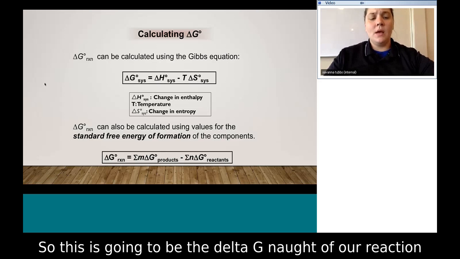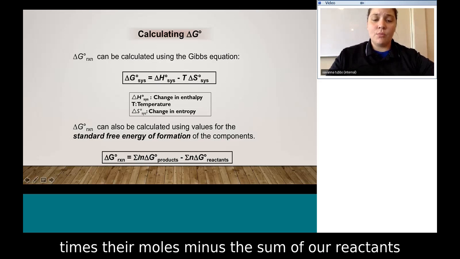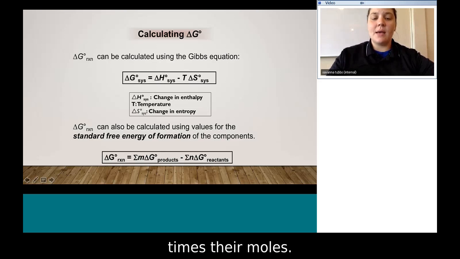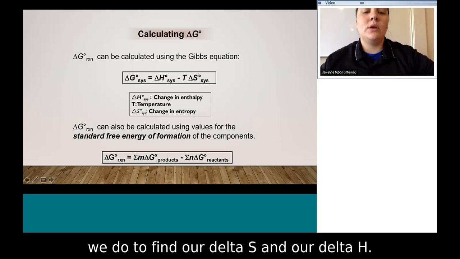So this is going to be the delta G naught of our reaction equals the sum of our delta G naught products times their moles minus the sum of our reactants times their moles. It's a pretty similar process to what we do to find our delta S and our delta H.